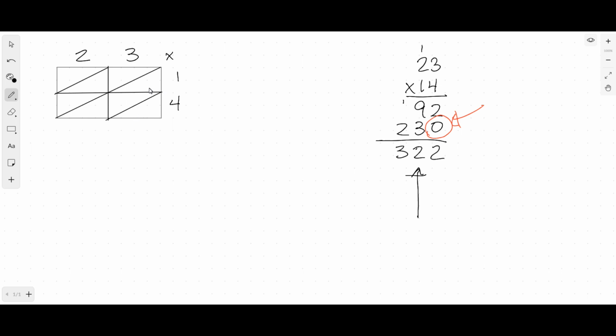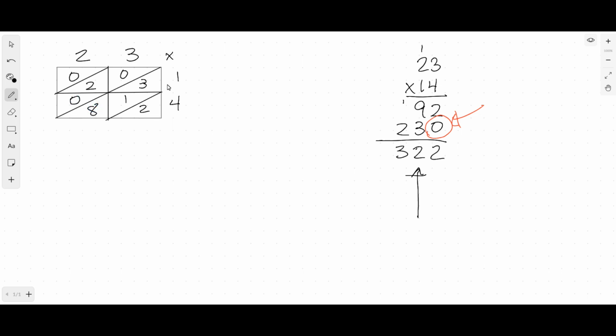So very much like what we did before, you're still going to work with the place value multiplications. So we're going to do 3 times 1, well that's 0, 3. And then you do 3 times 4, well that's 12. 2 times 1, that is 0, 2. And then 2 times 4, that is 0, 8.